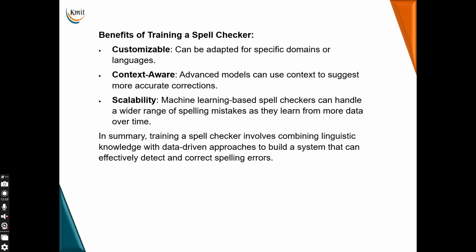Scalability: whenever we are trying to work with a spell checker with machine learning based algorithms, it can handle a wide range of spelling mistakes and it can learn from more data compared to a normal spell checker. So a spell checker involves combining linguistic knowledge with huge amounts of data, and it is trying to give proper corrections as well as proper suggestions for the mistakes.